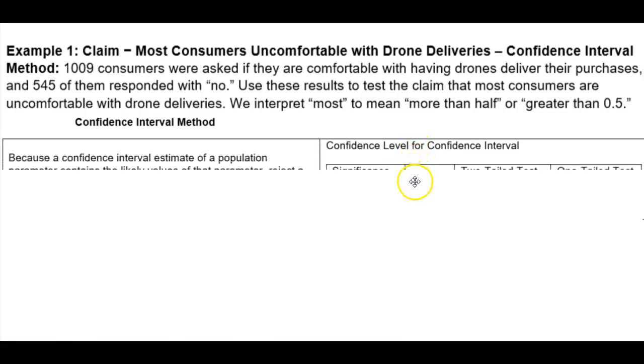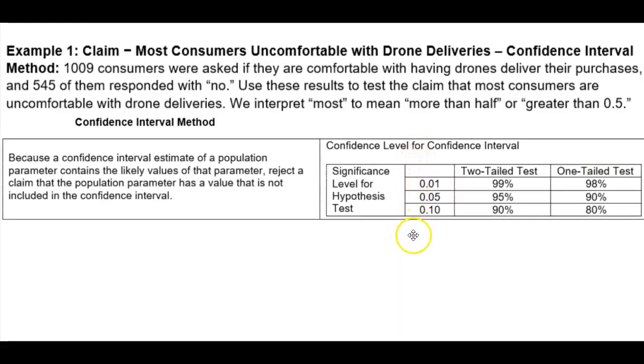So recall the confidence interval method. Because a confidence interval estimate of a population parameter contains the likely values of that parameter, you reject the claim that the population parameter has a value that is not included in the confidence interval.